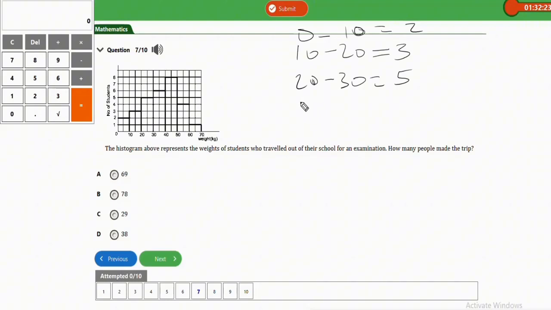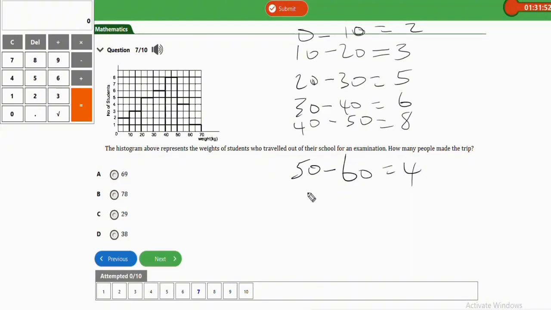Those weighing between 30 to 40, we have the value to be 6. Those weighing between 40 to 50, we have the value to be 8. And those weighing between 50 to 60, we have the value to be 4. Lastly, those weighing between 60 to 70, we have the value to be 1.